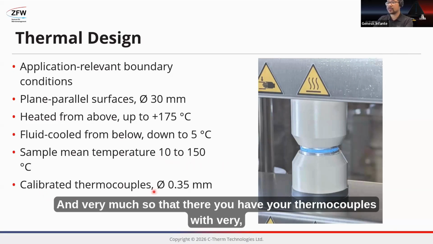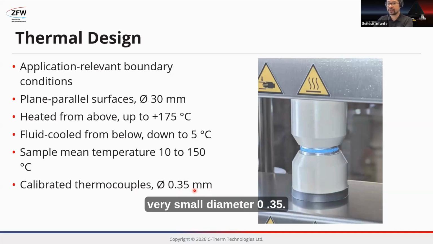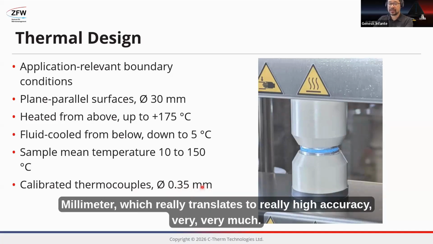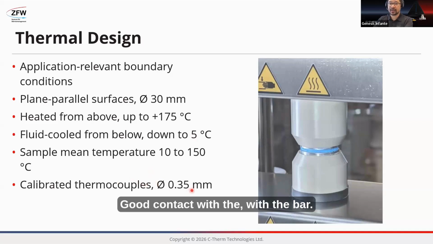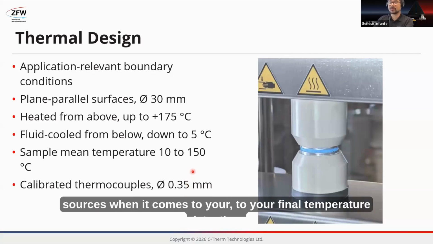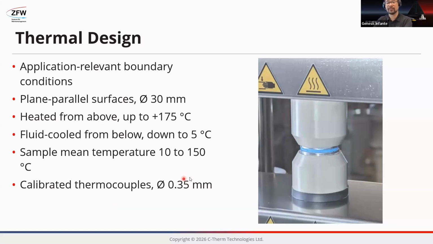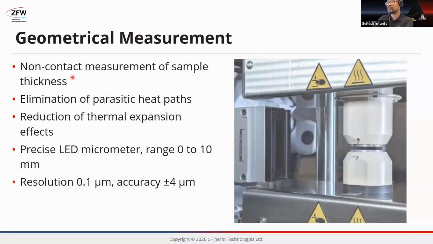And you have thermocouples with very, very small diameter, 0.35 millimeter, which really translates to really high accuracy, very good contact with the bar, and no air gaps when it comes to your final temperature detection.